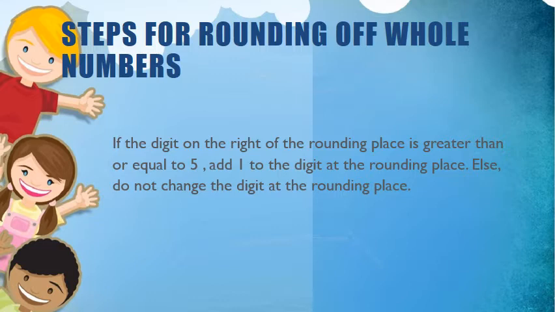If the digit on the right of the rounding place is greater than or equal to 5, add 1 to the digit at the rounding place. Else, do not change the digit at the rounding place. The next step is, replace all digits to the right of the rounding place by zeros.